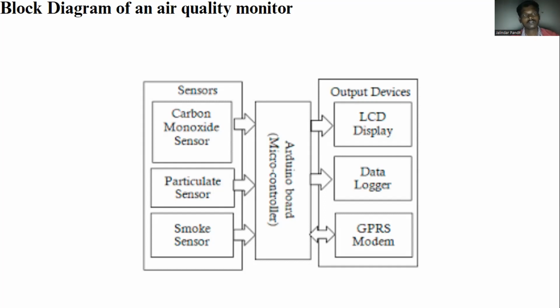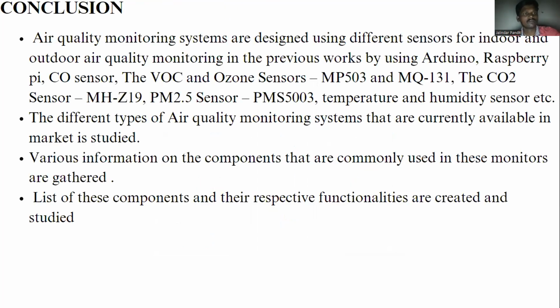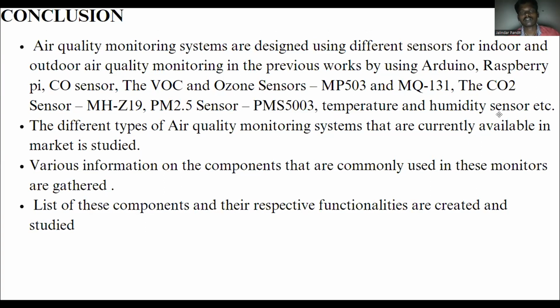Now, the conclusion. Air quality monitor systems are designed using different sensors for indoor and outdoor air quality monitoring. The work is done using Arduino, Raspberry Pi, the VOC and ozone sensors MP503 and MQ131, the CO2 sensor MH-Z19, the PM2.5 sensor PMS5003, and a temperature and humidity sensor.